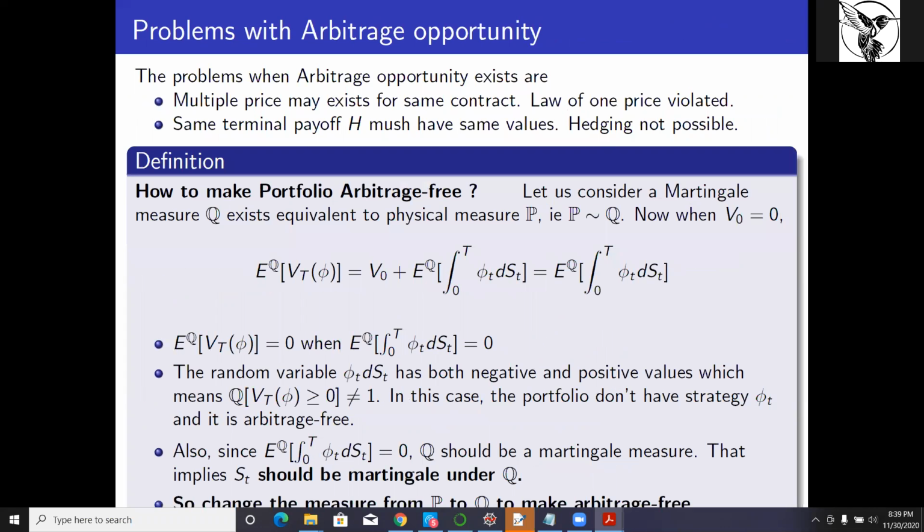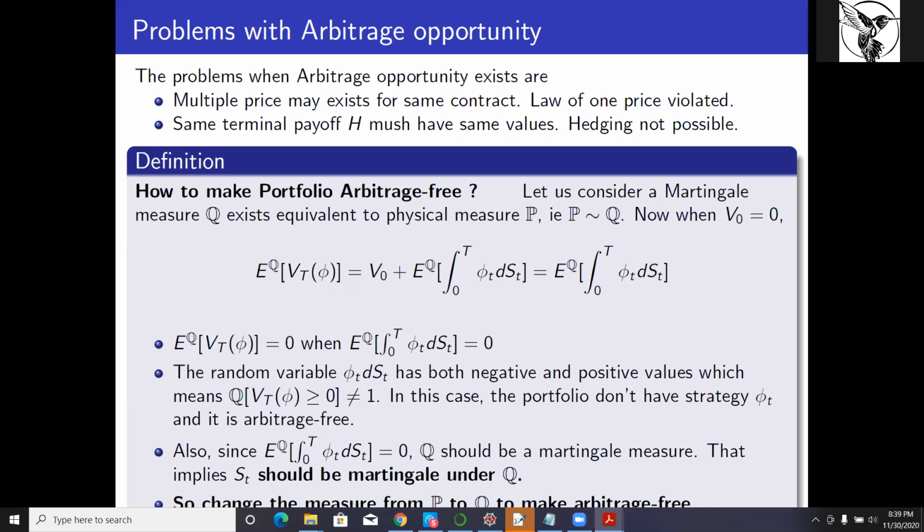Now why am I discussing all this about arbitrage opportunity? Because if such an arbitrage opportunity exists, it is possible that one particular contract may have multiple prices. In that case, the law of one price is violated.